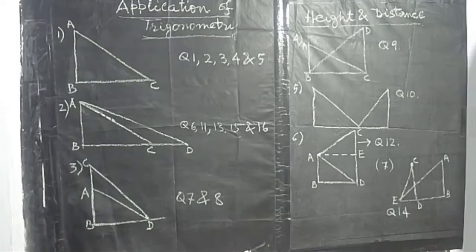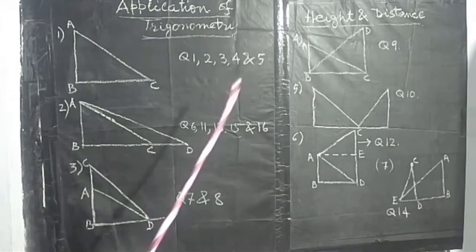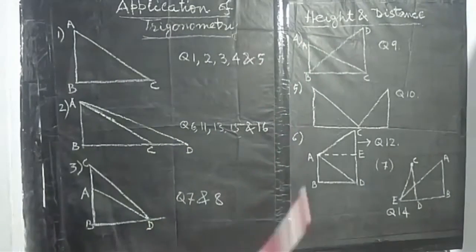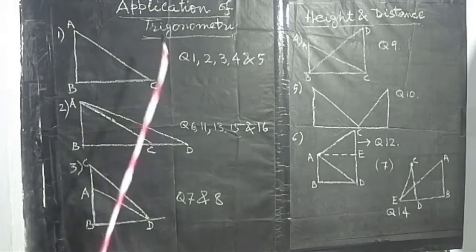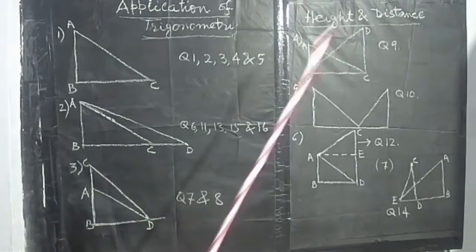Today's topic is application of trigonometry, or we can call it height and distance, because with the application of trigonometry we are going to find out height or distance or both.